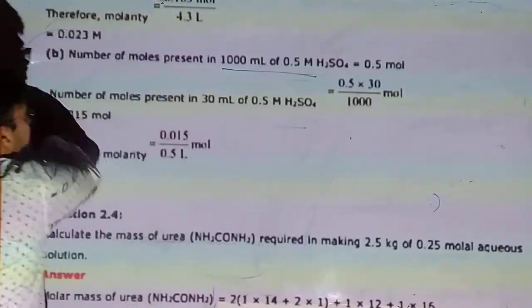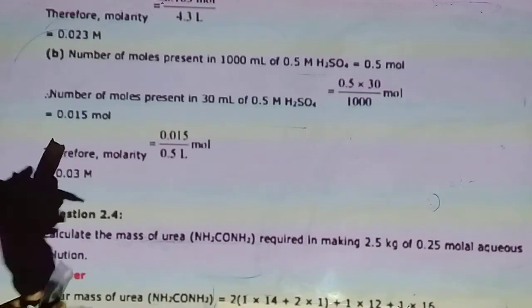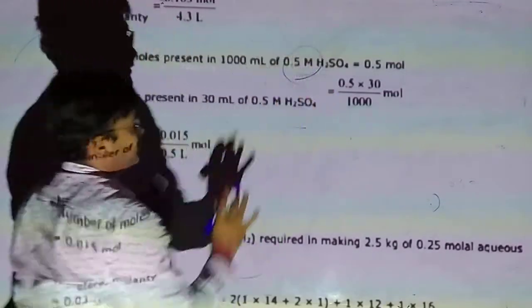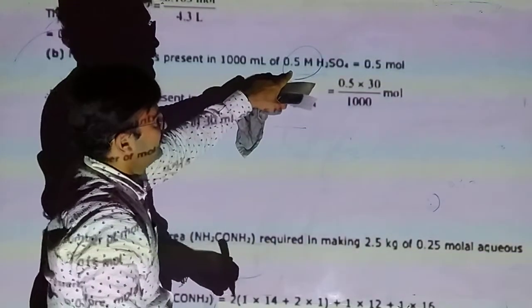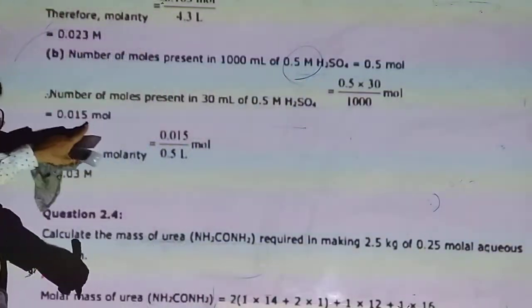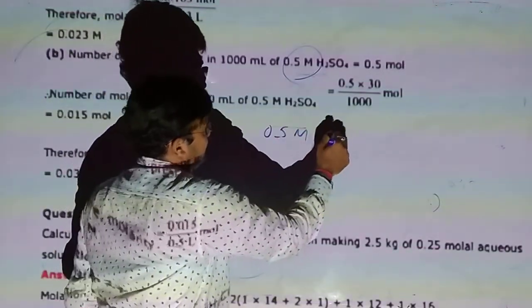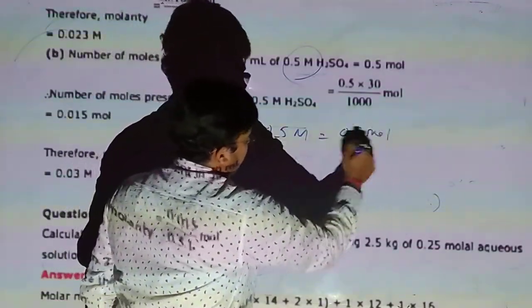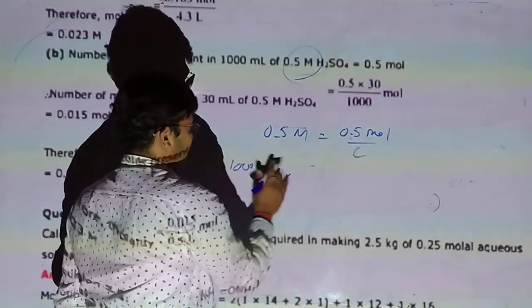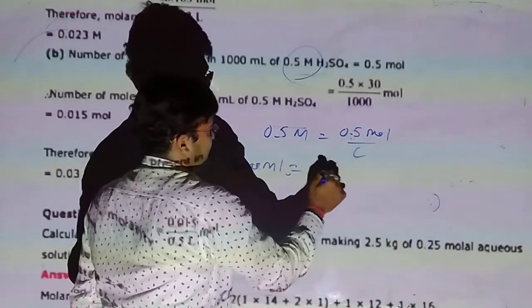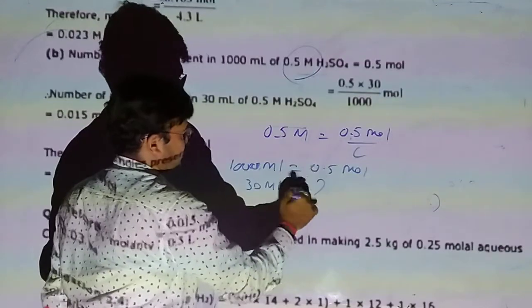Another method. Number of moles present in 1000 milli: molarity means mole per liter. In 1000 milli there is 0.5 mol, but the actual volume is 30 milli, so how much in 30 milli?